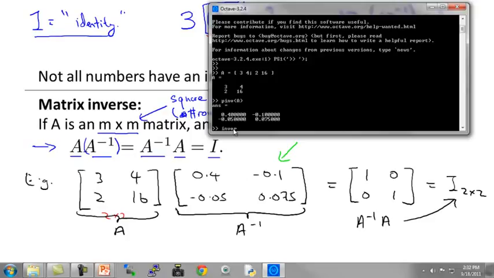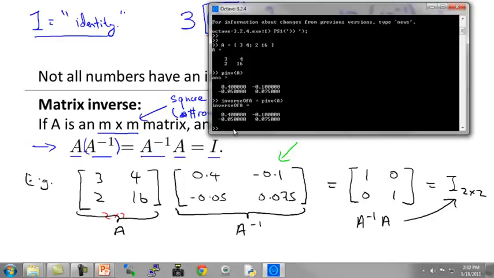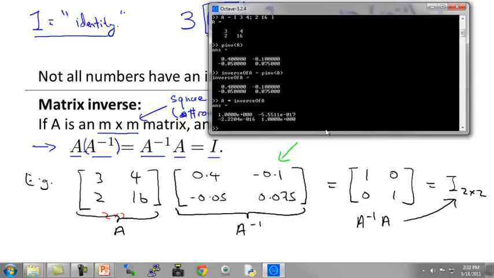So actually, let me just write inverse of A equals pinv of A. So I set inverse of A to that. I can now just verify that A times A inverse is the identity, by computing A times inverse of A, and the result of that is this matrix. This has 1, 1 on the diagonal, and essentially 10 to the minus 17, 10 to the minus 16 on the off diagonals.